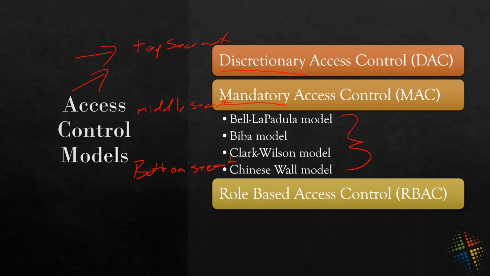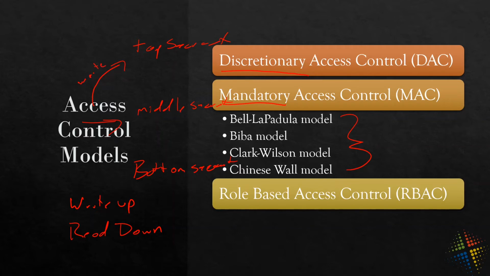Another thing that's common to these is a similar idea, such as what's called write up and read down. So for instance, if I only have secret clearance, or this middle clearance right here, but I have information that I need to report that should be considered top secret, I can go ahead and write up to top secret.